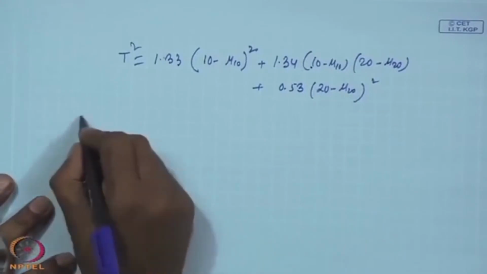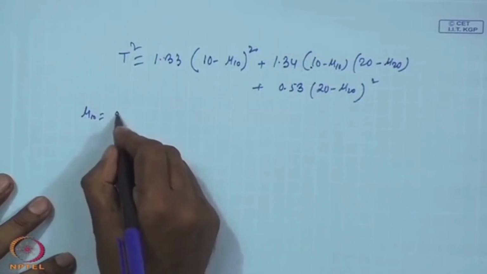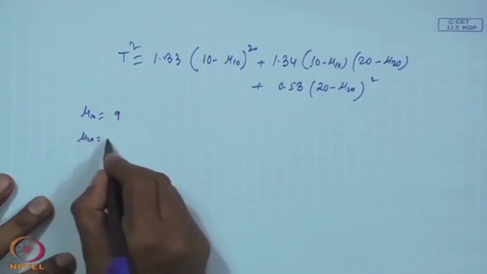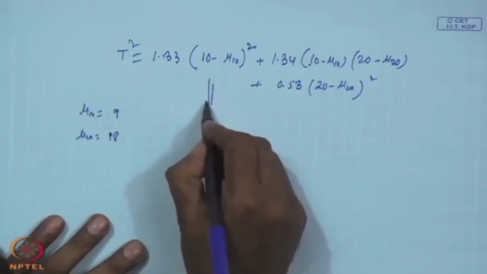What we have found is that mu 10 is your 9 and mu 20 is your 18.